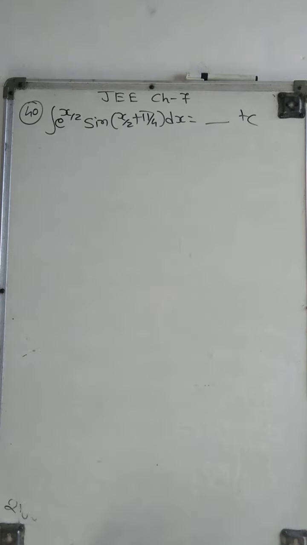Next sum is integration e raised to x by 2 times sin of (x by 2 plus pi by 4) dx. Now here we just simplify it.